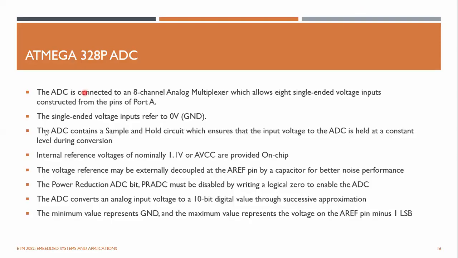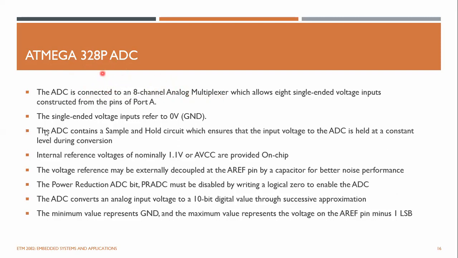In the ATmega328P, the ADC is connected to an 8-channel analog multiplexer. So you can have 8 channels, but in reality the 328P has only 6 analog pins, right?